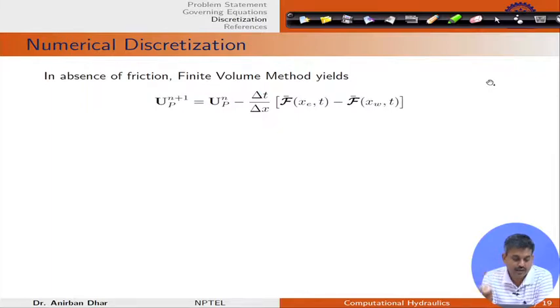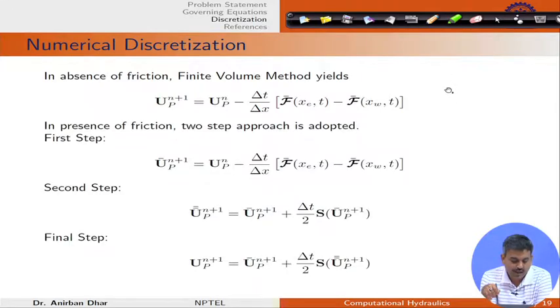So, the next part is numerical discretization and final solution. After finding out these flux values, we can update the future time level, that is n plus 1, in terms of nth level values.